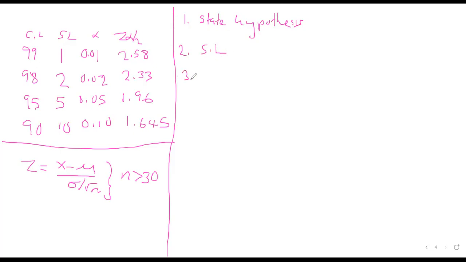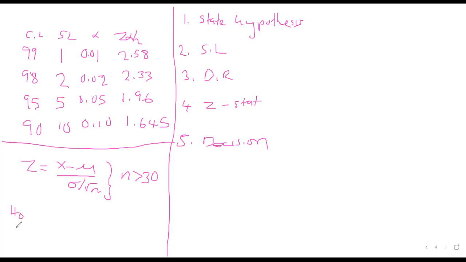Number three, you set the decision rule. Number four, you get the Z statistic, the test statistic. Number five, make the decision and the conclusion.